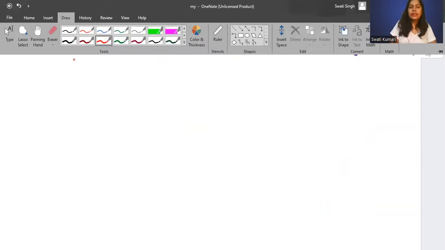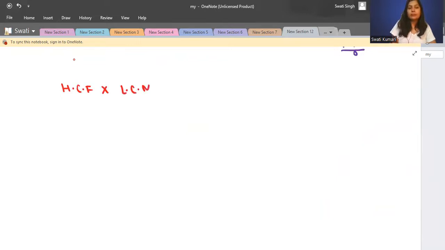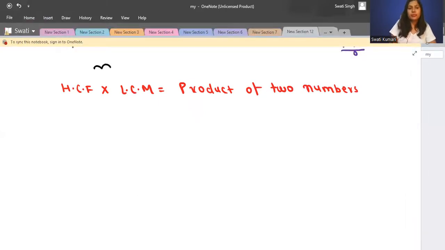So let me tell you, there is one formula that HCF, highest common factor, into LCM, least common multiple, is equal to the product of two numbers. This is a very, very important formula. Okay, you will get a lot of questions based on this formula. So it is very important to know this formula.